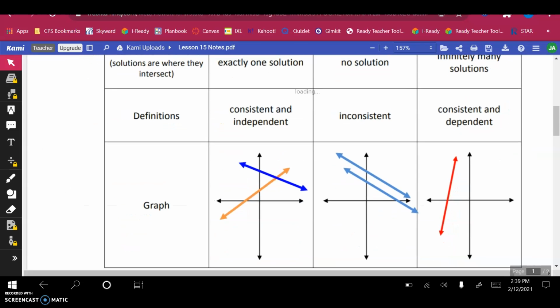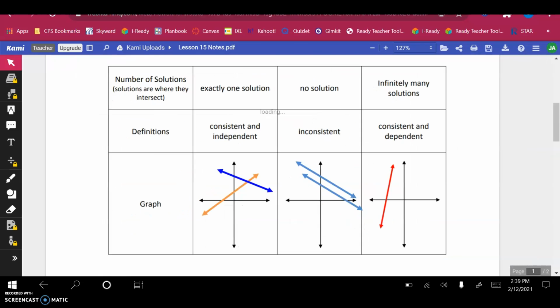Here, let me see if I can fit this all on one for you. I have pictures drawn out of the exactly one solution and the classification. If it has exactly one solution, then it's going to be consistent and independent. Underneath of that is a picture of what that would look like.